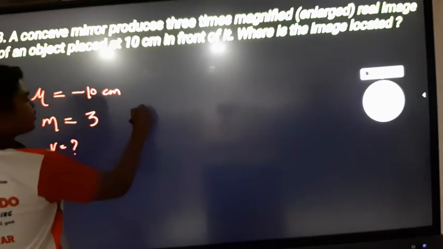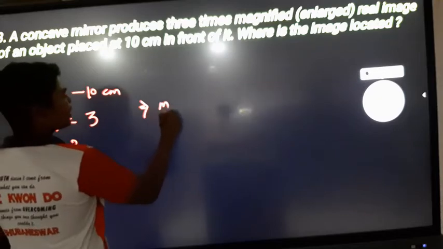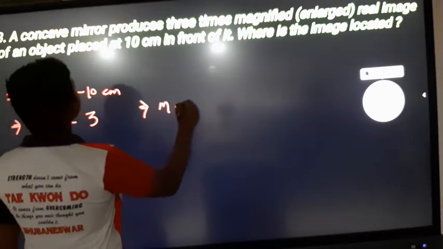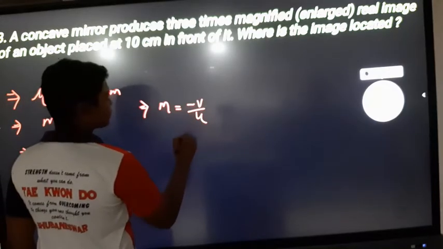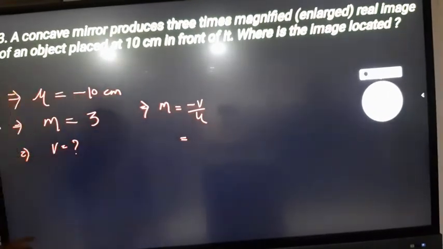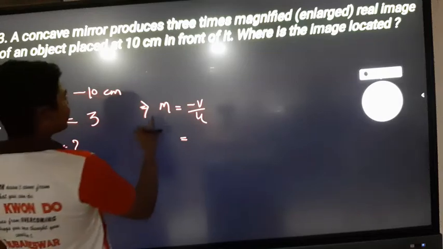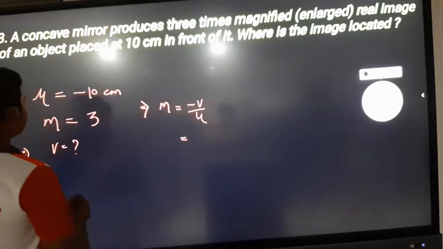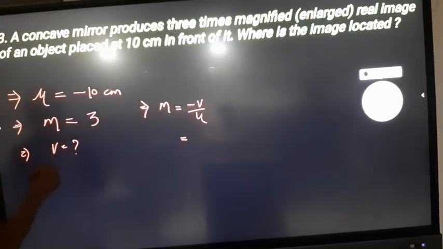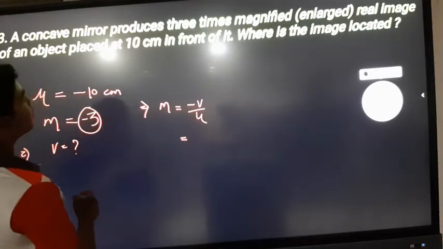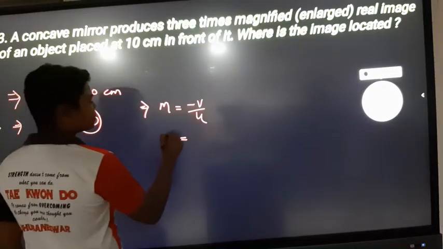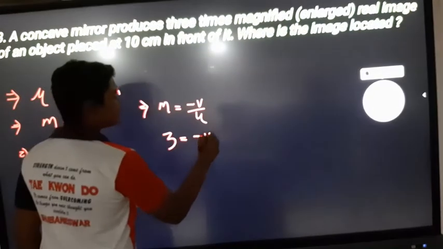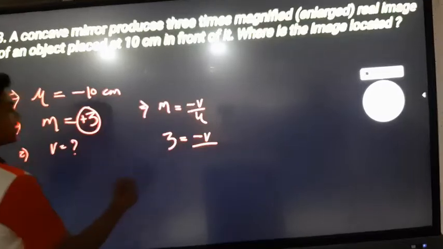We know the formula of magnification is m equals minus v by u, since it is a mirror. Here v is to be found and m is given as 3. In a concave mirror the image is enlarged, so we take plus 3. So 3 equals minus v by u, with u equal to minus 10 cm.